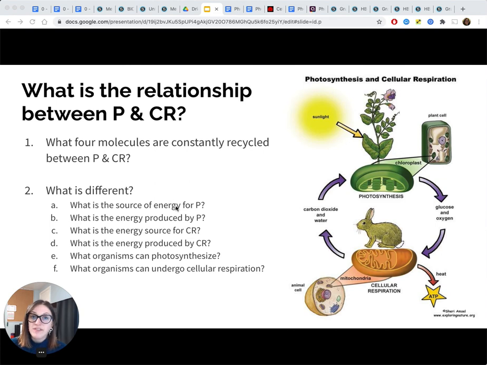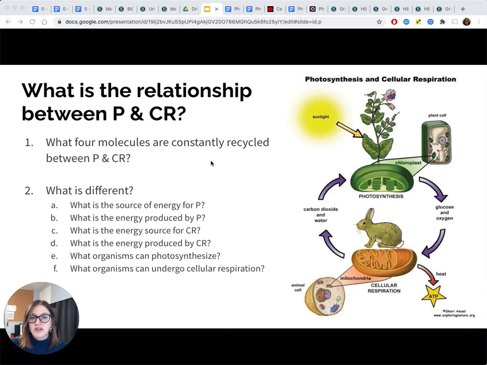For example, what provides the energy to fuel photosynthesis? What is the energy produced by photosynthesis? What is the energy source for cellular respiration? What is the energy produced by cellular respiration? What organisms undergo photosynthesis, and what organisms can undergo cellular respiration? Pause the video and answer each of these questions.